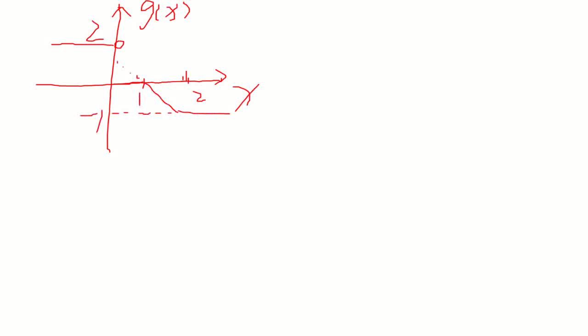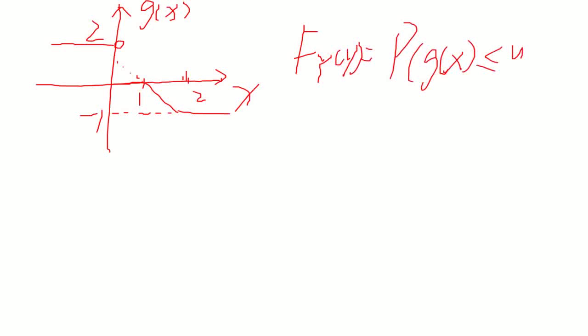So we know that the capital F of y equals the probability that g of x is no greater than y, and we can divide it into 4 sections.